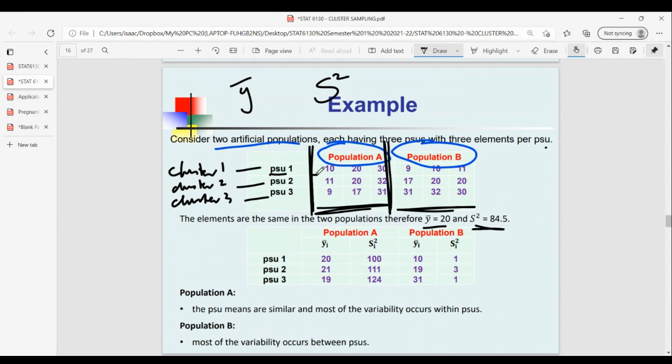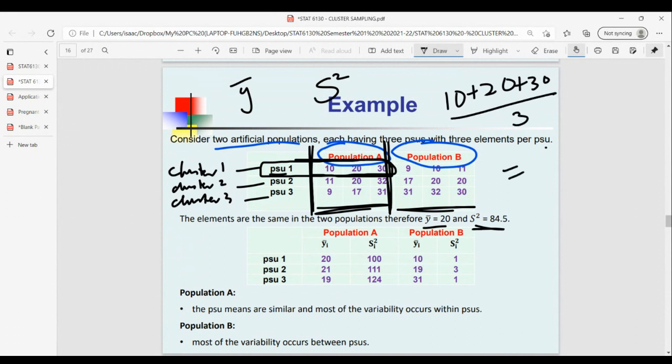If I take these three values inside cluster 1 and work out the mean, 10 plus 20 plus 30, and I divide that by 3, I get 20. Then I take the mean of these three values, that's the mean of cluster 2, which is 21. Then the other mean is 19.